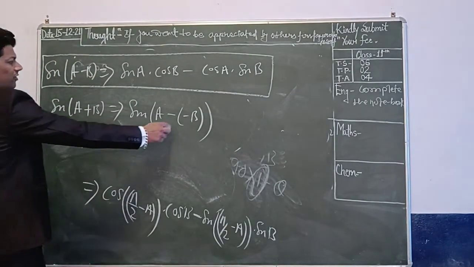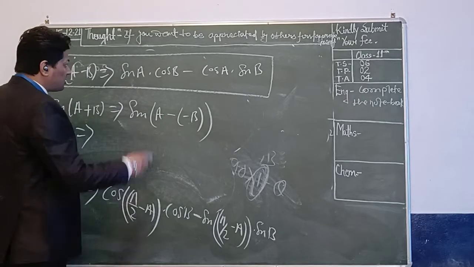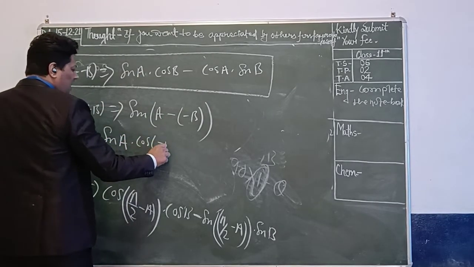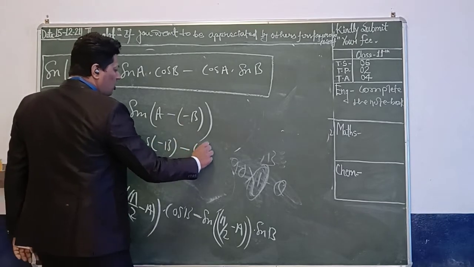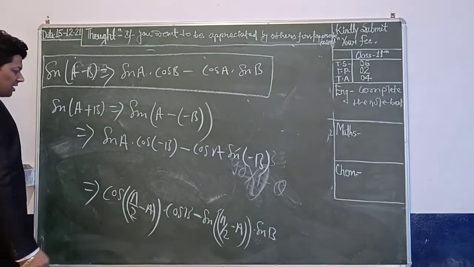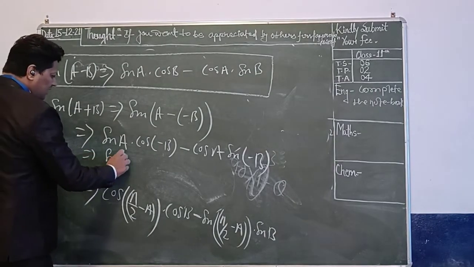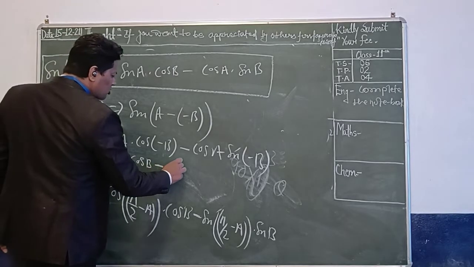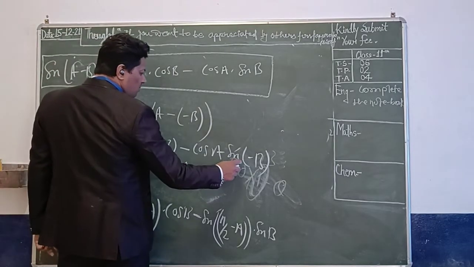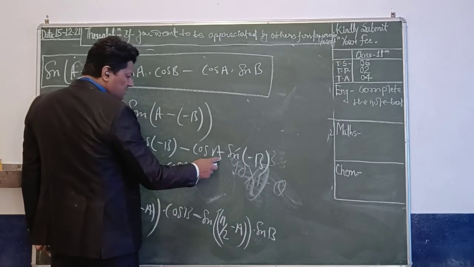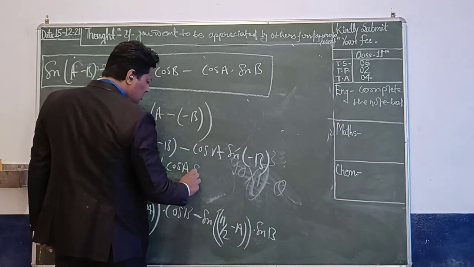In place of B, we have to put minus B. You can put here sin A into cos minus B minus cos A into sin minus B. Is it clear? What will you get? Sin A cos theta, minus cos A into minus sin theta. This one is minus sin theta, multiplied by minus, this one is sin theta.